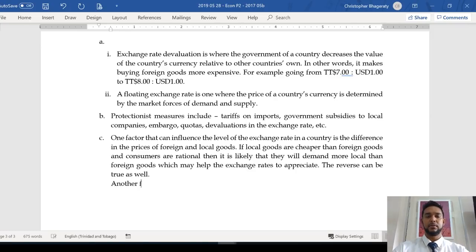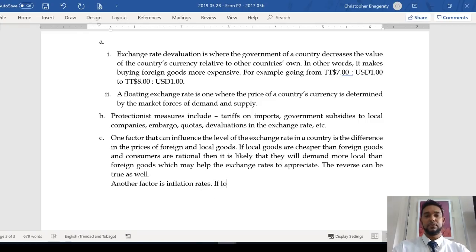Another factor is inflation rates. Right? If the local rate of inflation, but see that kind of ties in a bit too closely to this because it basically affects the same variable, which is price. But I mean, you shouldn't really discount it. It does have an effect. So inflation could affect foreign exchange.